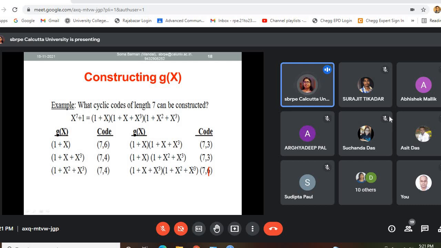That means how many information or message bits? 1. So the code will be a (7,1) code. Is this clear to you? Yes, ma'am.